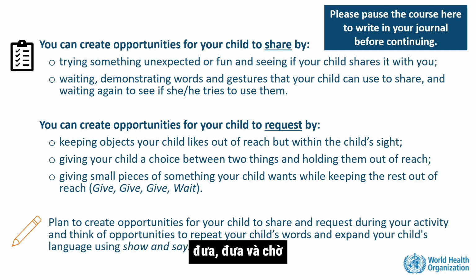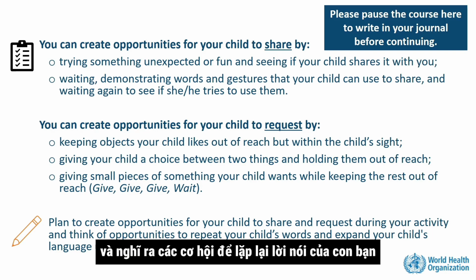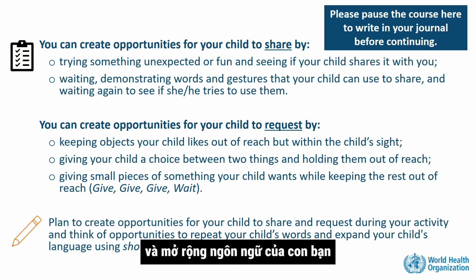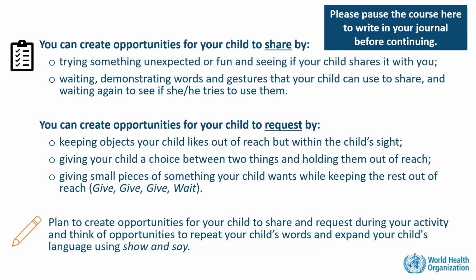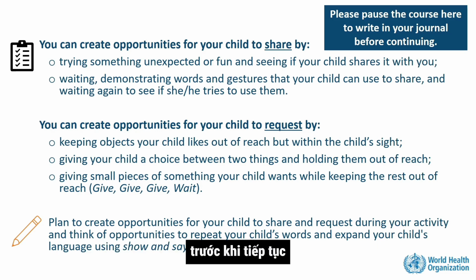Give, give, give. Wait. Plan to create opportunities for your child to share and request during your activity, and think of opportunities to repeat your child's words and expand your child's language using show and say. Please pause the course here to write in your journal before continuing.